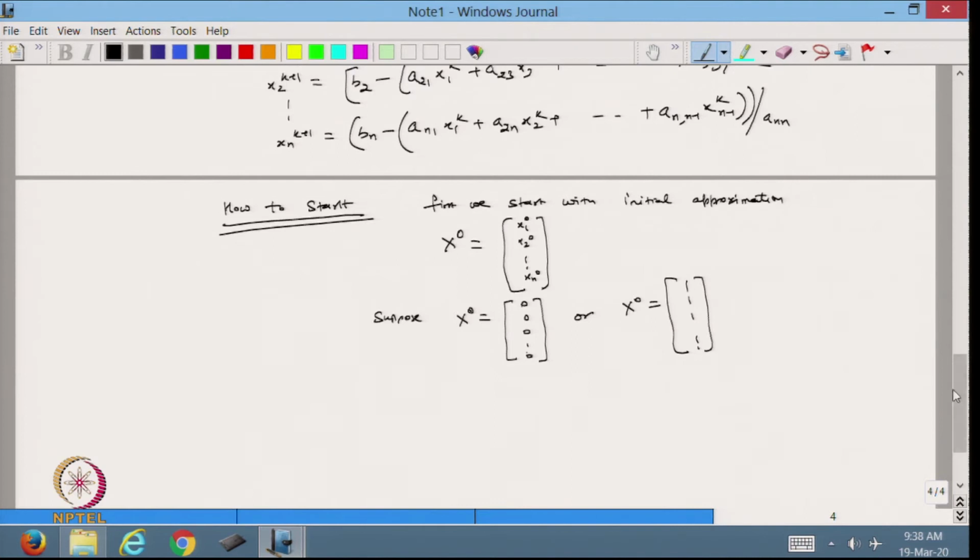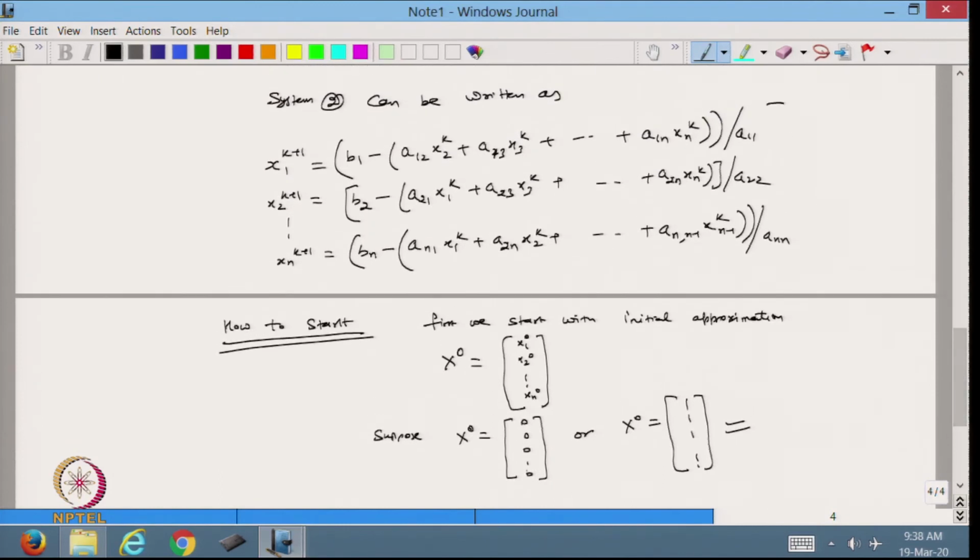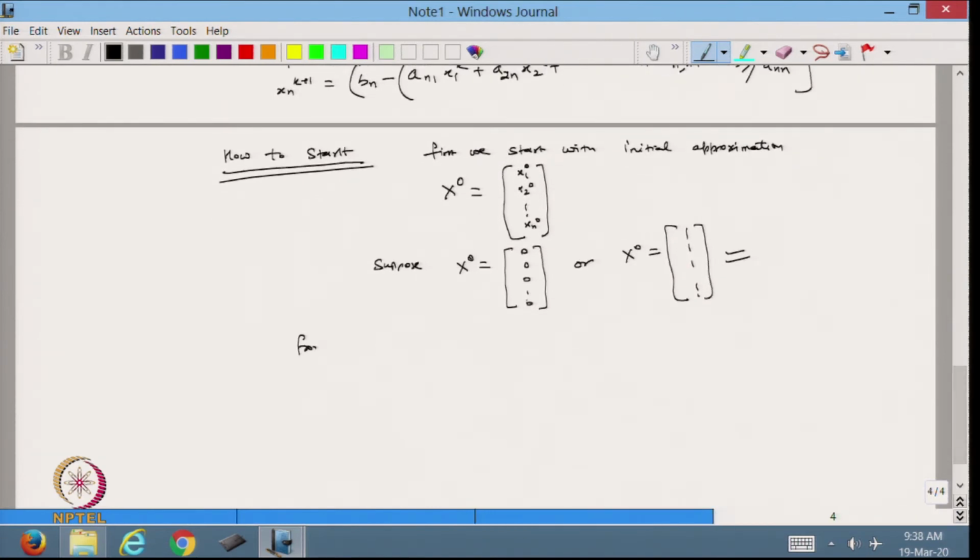So this is my initial approximation, and then I will put this value here and find the new value of x1. This is my iterative process. From iterative process 3, we input x0 and we get x1.